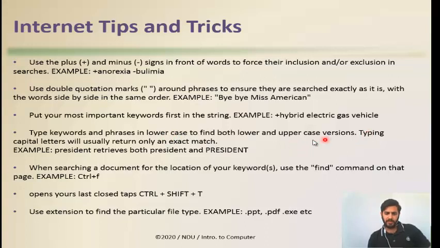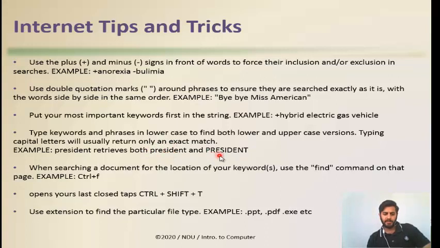But if you write the uppercase only, it goes for uppercase results only. We have an example here. If you write 'president' in uppercase, it only searches for that particular uppercase word available on web pages. But if you write 'president' in lowercase, it will search both of them, the lower and upper cases.